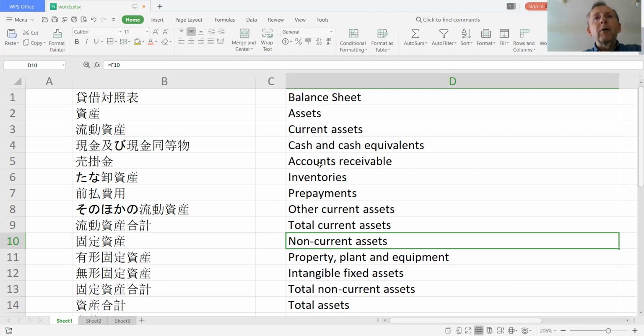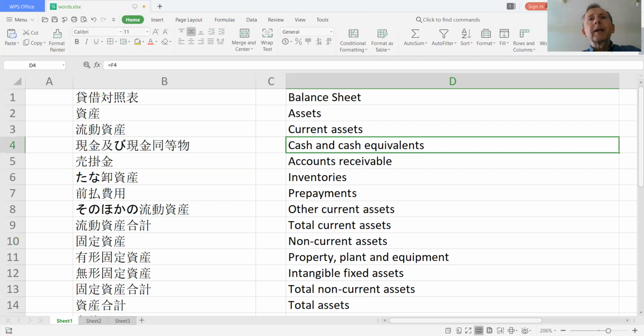Okay, in our current assets here then, we have cash and cash equivalents. This is really made up of cash and bank accounts, which are the main things that you would expect to see in there. And usually the only things in there are cash and bank accounts.